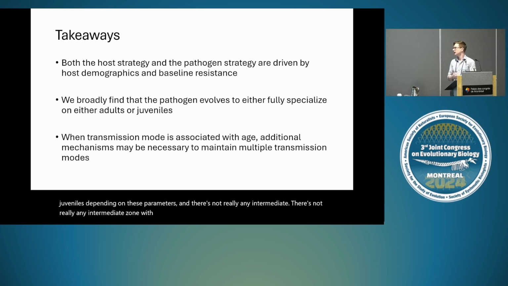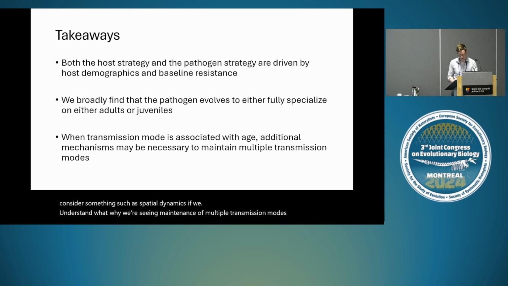So tying this back to transmission mode, that means at least in our setup that we're not really seeing the maintenance of multiple transmission modes when you have coevolution. And at least in this scenario, we probably need to consider something such as spatial dynamics if we want to understand why we're seeing maintenance of multiple transmission modes in this system.